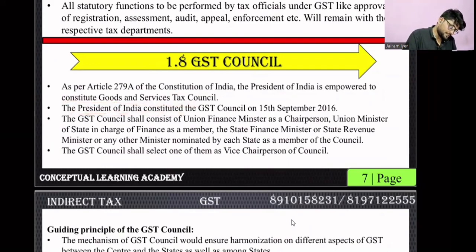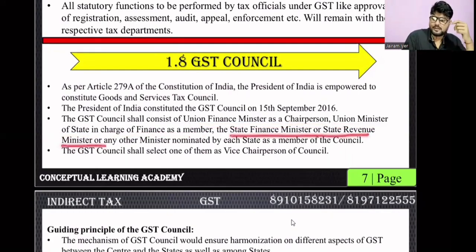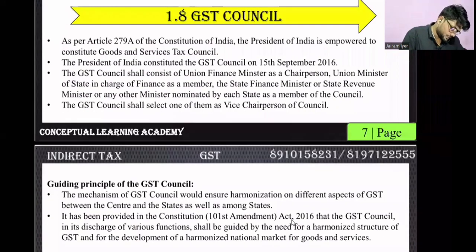The GST Council shall consist of the Union Finance Minister as chairman, the Union Minister of State in charge of finance as a member, and the State Finance Minister or State Revenue Minister or any other minister nominated by each state as a member of the council. So 2 members are of the Union, correct, and the rest, 31, are of states. The GST Council shall elect one among them as vice chairperson of the council. Actually, it is among the states only. Okay.